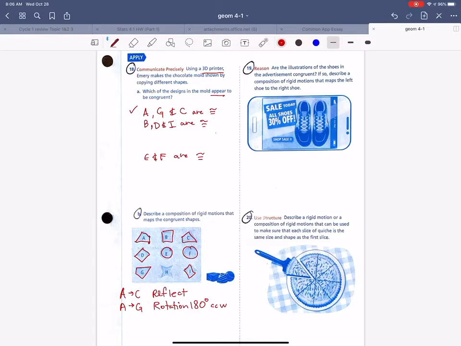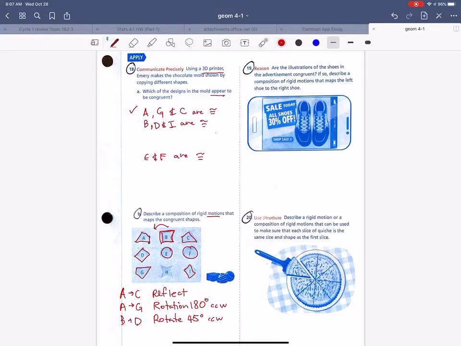All right, so we got the first one. Now, how do we do some rigid motions for B and D? So if I go B and D, yeah, it's if I rotate it 45. So B to D, if I rotate 45 degrees, not a full 90, 45 degrees counterclockwise, excuse me, then it would map upon itself.